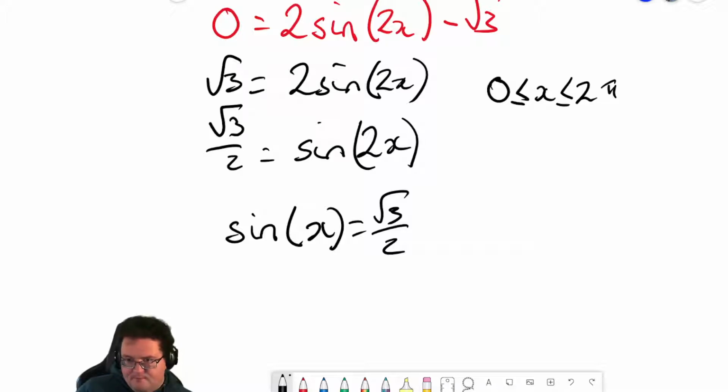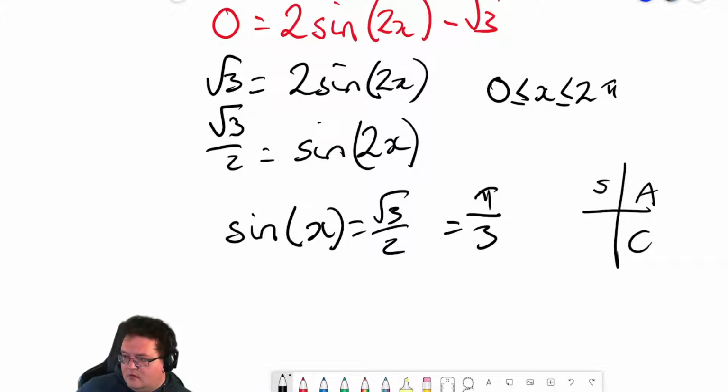Pi on 3, 60 degrees. Okay, yep, sure, 60 degrees. So it's pi on 3, 60 degrees, cool. But if you think about this, where else is sine also root 3 on 2?